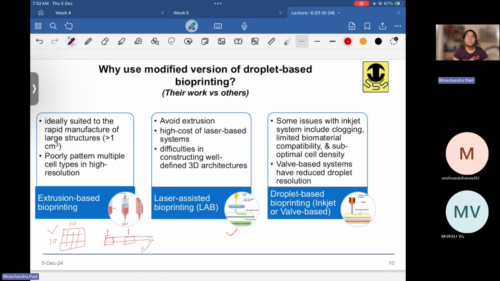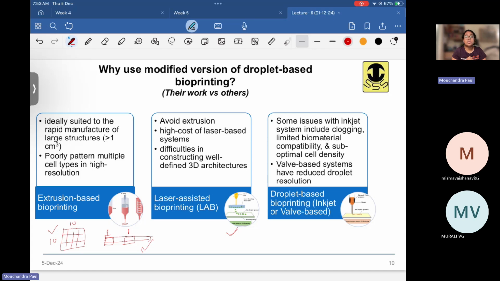And also due to the extrusion process itself, as it uses a nozzle, it can cause cell death even if you are loading very high cell numbers. Okay, but for a valve based system, its inherent issue is that it cannot print droplets of very small size. It makes droplets of big sizes, so it allows low resolution bioprinting.